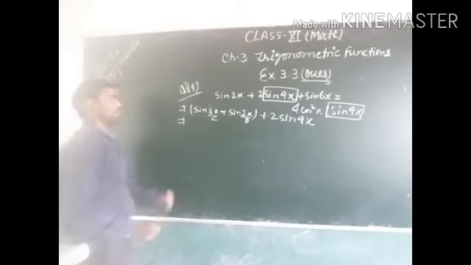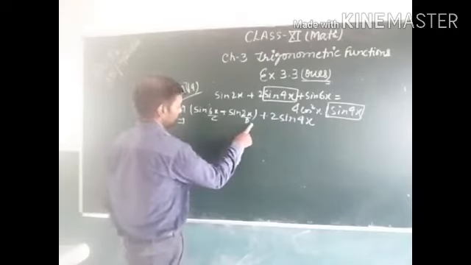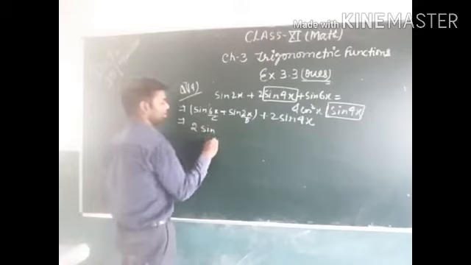So we use sin C plus sin D is equal to 2 sin C plus D by 2 into cos C minus D by 2.